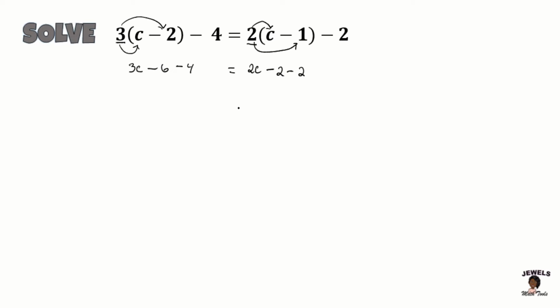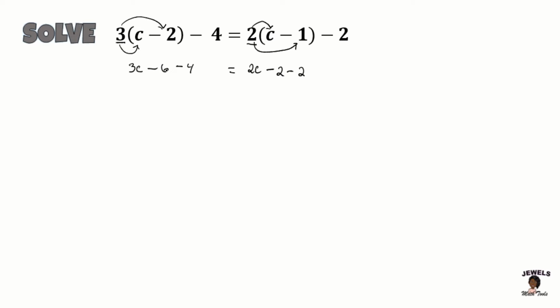Now, whenever you're solving an equation and you have a group of terms on each side of your equal sign, I always recommend simplifying each side of your equation before you dive into collecting like terms across the equal sign.